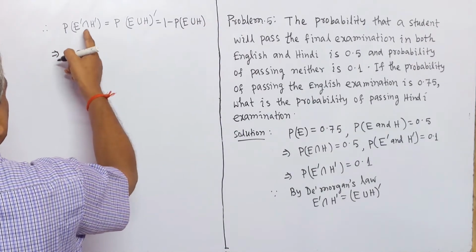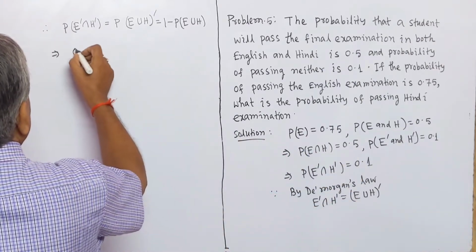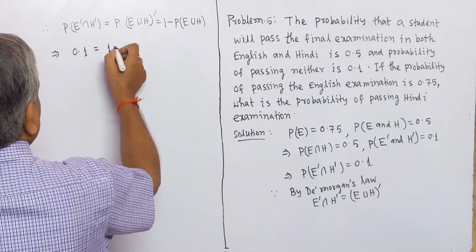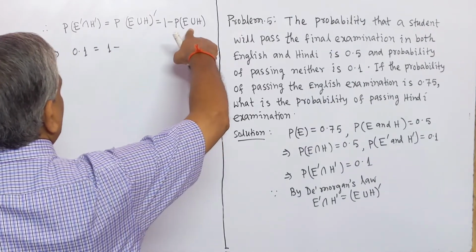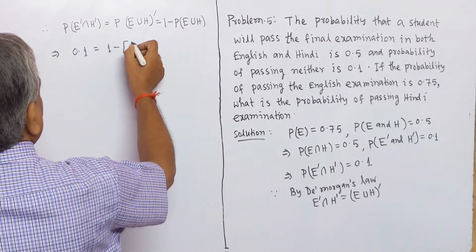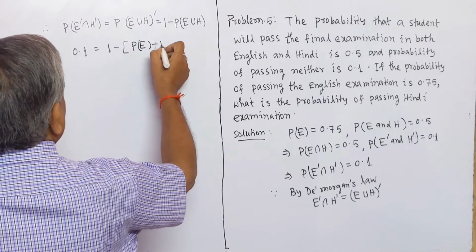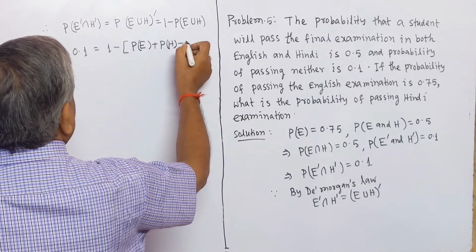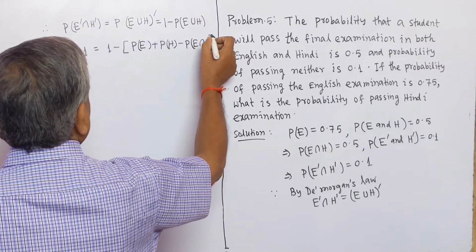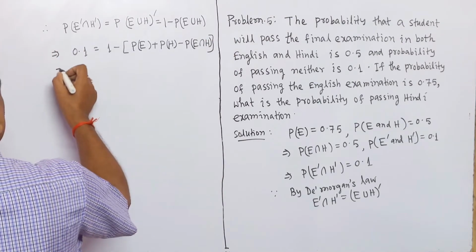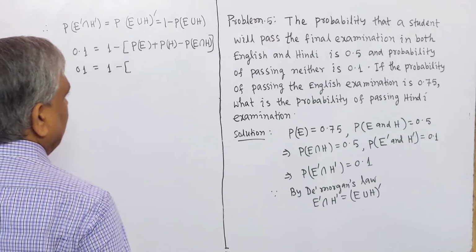This value, P(E prime intersect H prime), is 0.1, equal to 1 minus P(E union H). Here we use the formula for total probability: P(E union H) equals P(E) plus P(H) minus P(E intersect H).